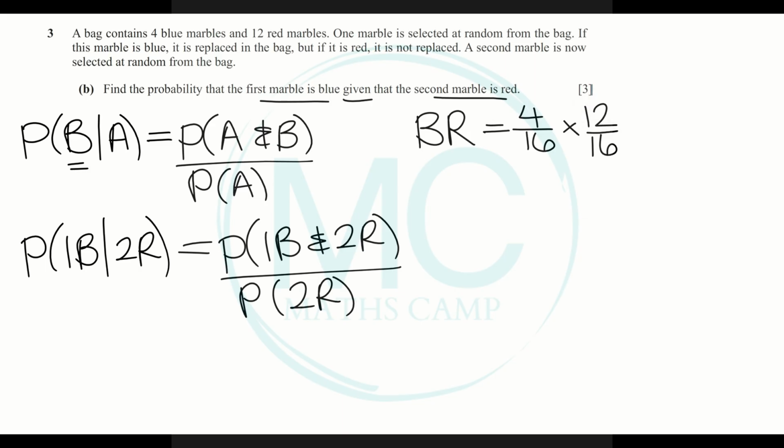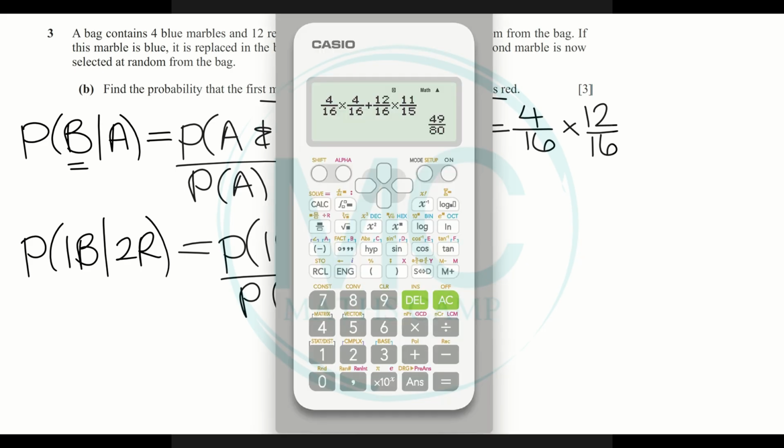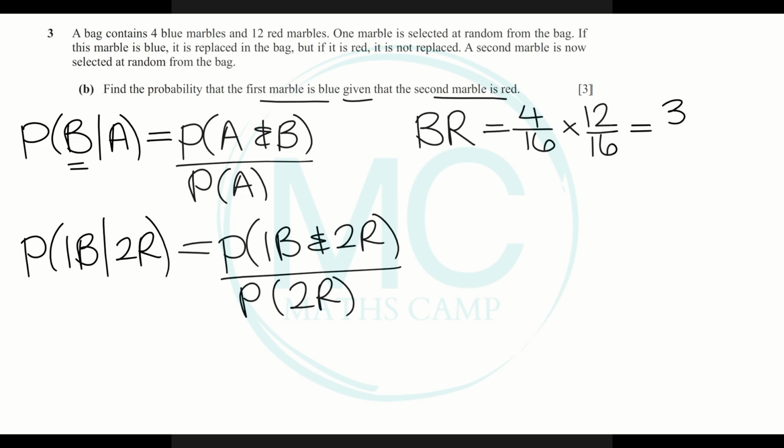Multiply these together, take my calculator, 4 over 16 multiplied by 12 over 16 is equal to 3 over 16. This is the probability that the first marble is blue and the second marble is red.